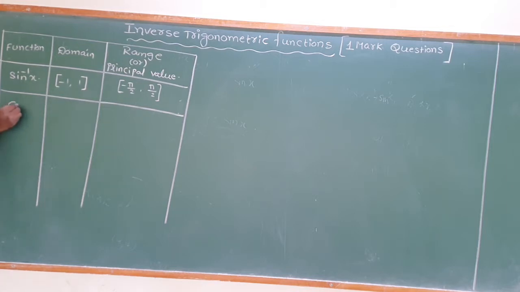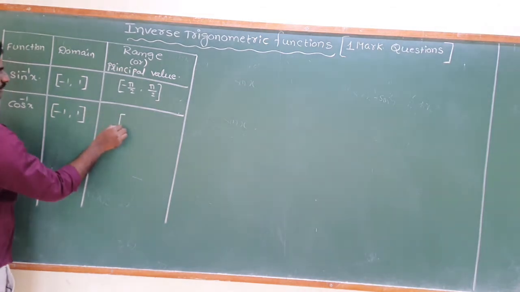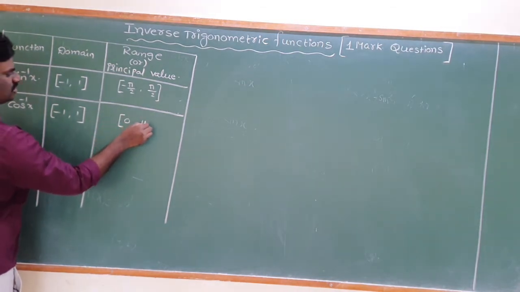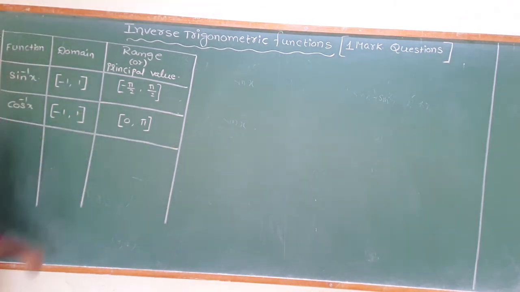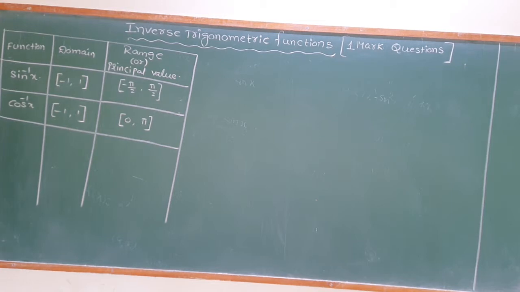Next, we will discuss the domain and range of the second function. The domain of cos inverse x is also the same, -1 to 1 closed bracket, but range is 0 to pi. Okay, this is the domain and range of cos inverse x.